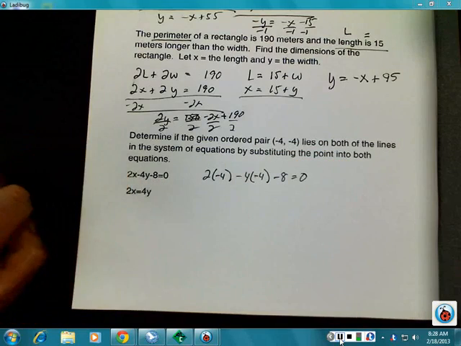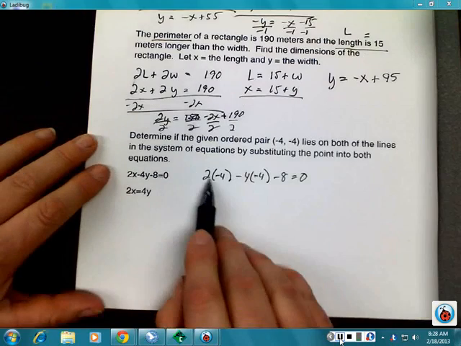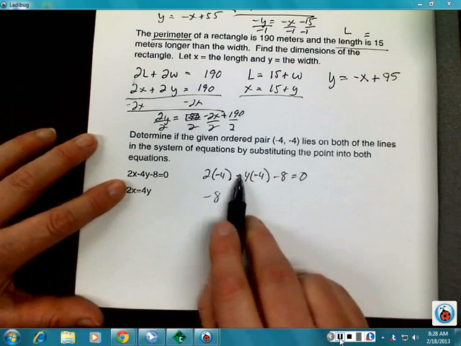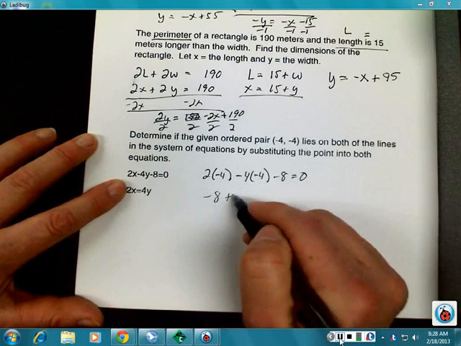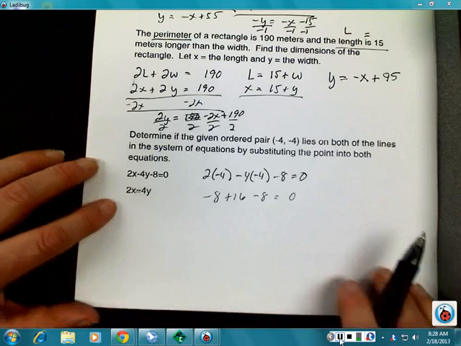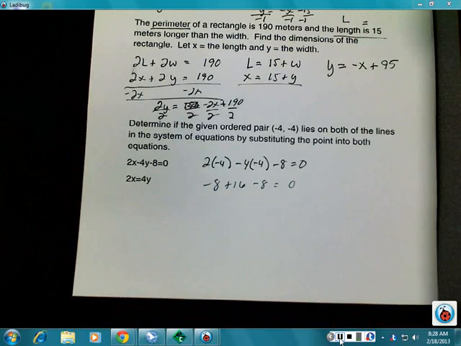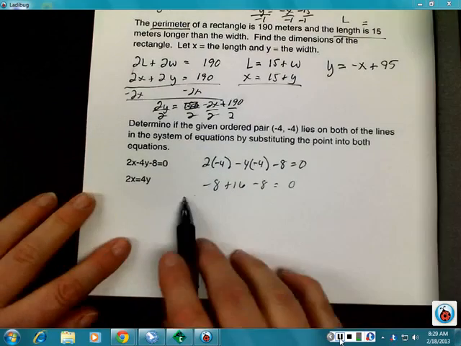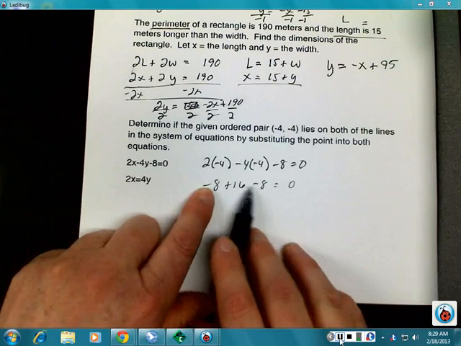Does that indeed equal 0? 2 times a -4 is a -8. -4 times a -4 is a plus 16, minus 8. Does it equal 0? What would you say? Yes or no? I think I'd say yeah. Okay? It does end up equaling 0 because a -8 and a -8 is a -16 plus a positive 16.